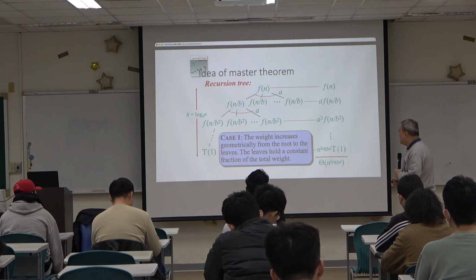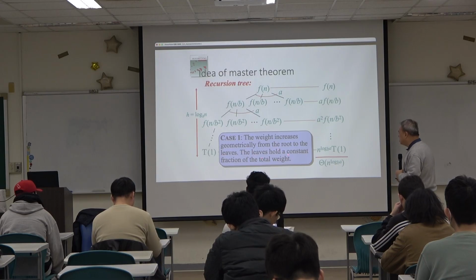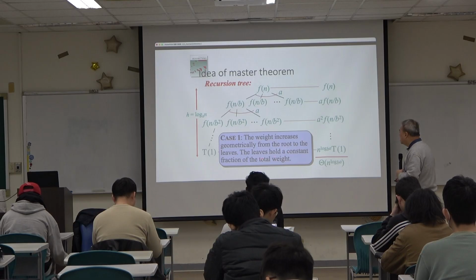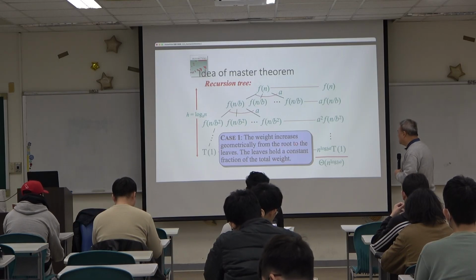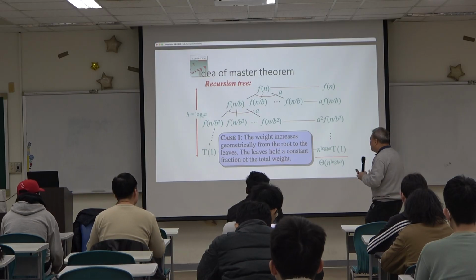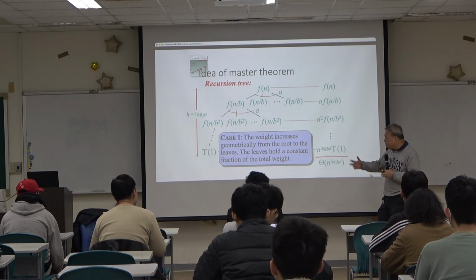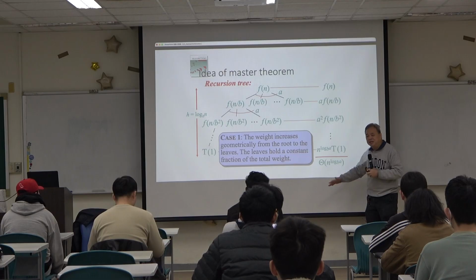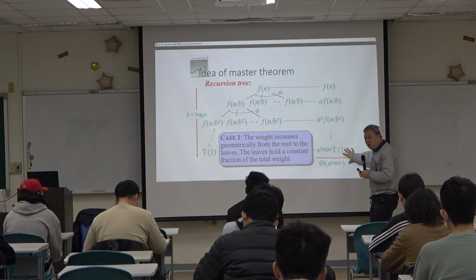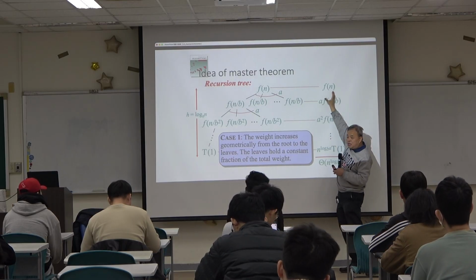In case 1, the weight increases geometrically from the root to the leaf. So the leaf holds a constant fraction of the total weight. Case 1 is like this part is more important than the top one.